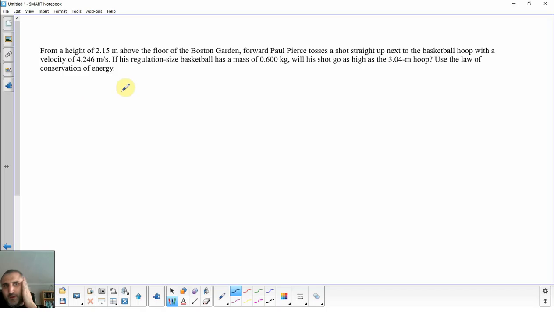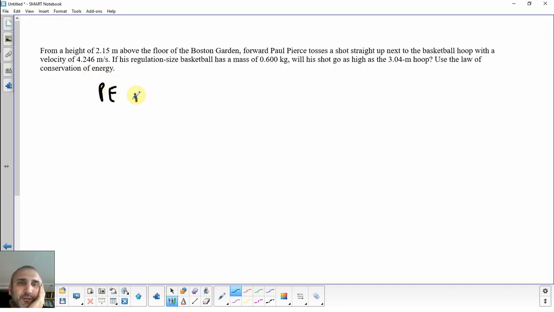Next, from a height of 2.15 meters above the floor of the Boston Garden, Paul Pierce shoots a ball straight up next to the hoop with a velocity of 4.2 meters per second. If his basketball has a mass of 0.6 kilograms, will his shot go as high as a 3.04 meter hoop? Use the law of conservation of energy. So we have initial conditions and final conditions.